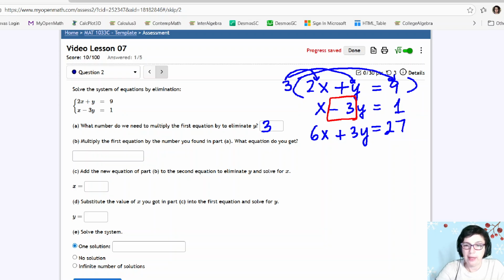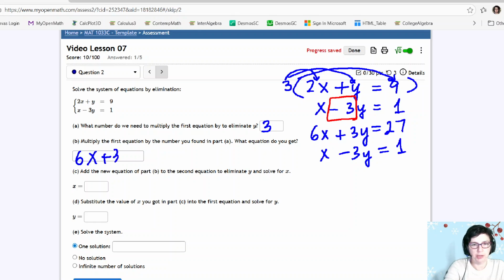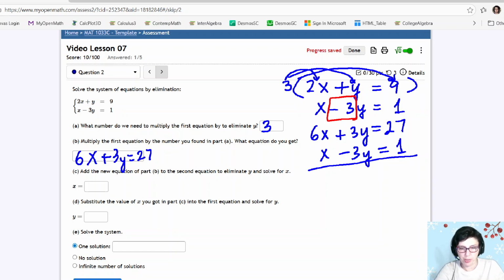Okay, the other equation we are not going to change. So we're going to keep it the same and rewrite it. So we have 6x plus 3y equals 27. Now, what's going to happen when I add them up? Well, you probably already know that 3y and negative 3y are going to get eliminated, right?